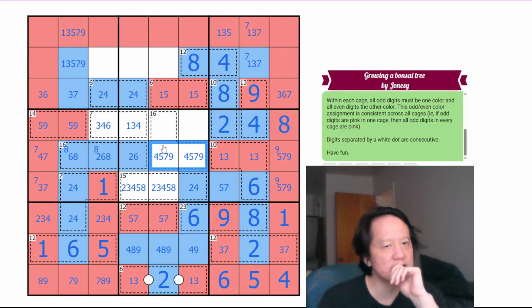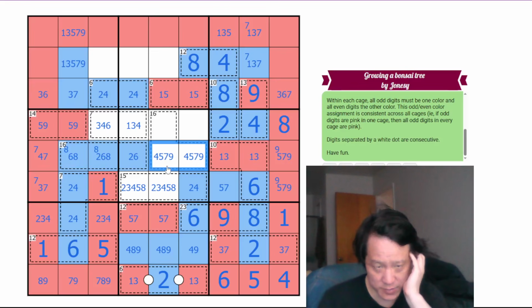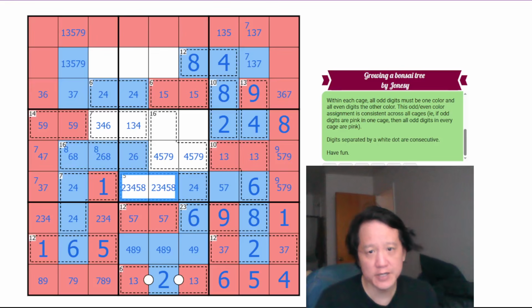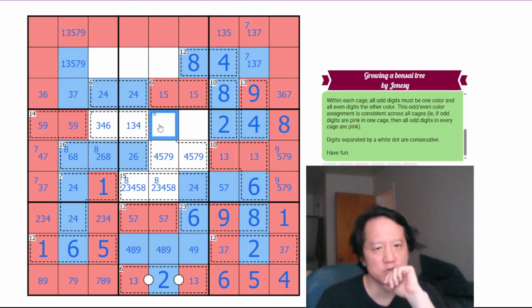Okay, this adds up to 16. Possible combinations. Well, we know 8 is here. 4, 5, and 6 work, but the problem is 4, 5, and 6 would eliminate 4 here and 6 here.